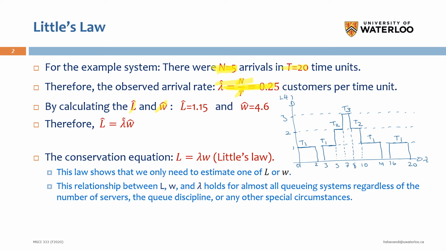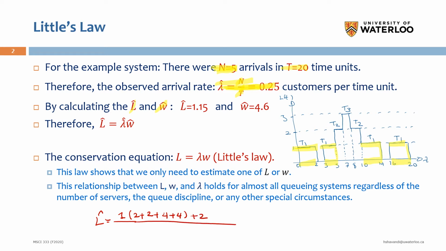As you see here, we have one customer in the system for 2 minutes, again one customer for another 2 minutes, one customer for 4 minutes, and again one customer for 4 minutes. So we have one customer in the system for 2 plus 2 plus 4 plus 4 minutes.